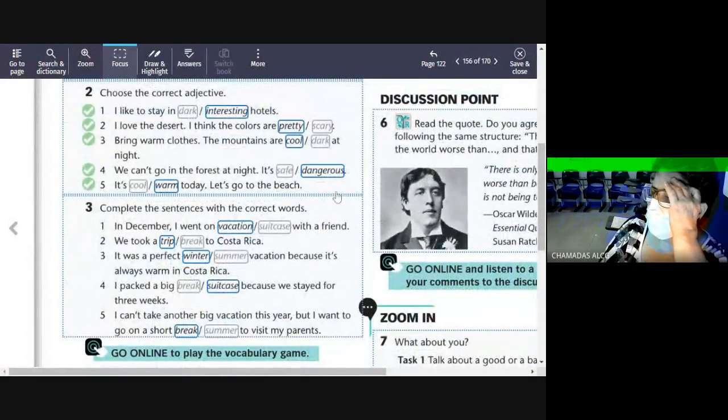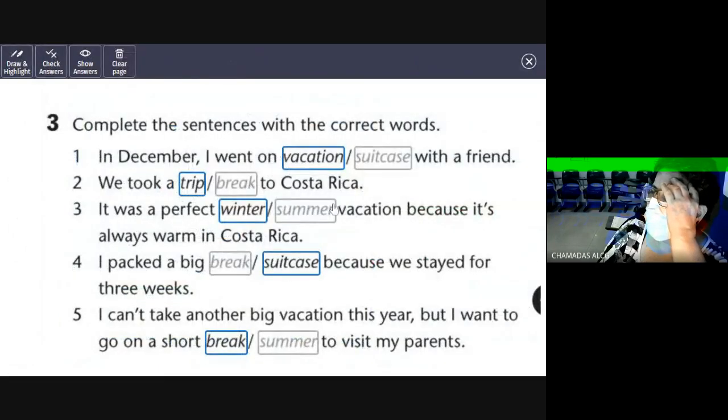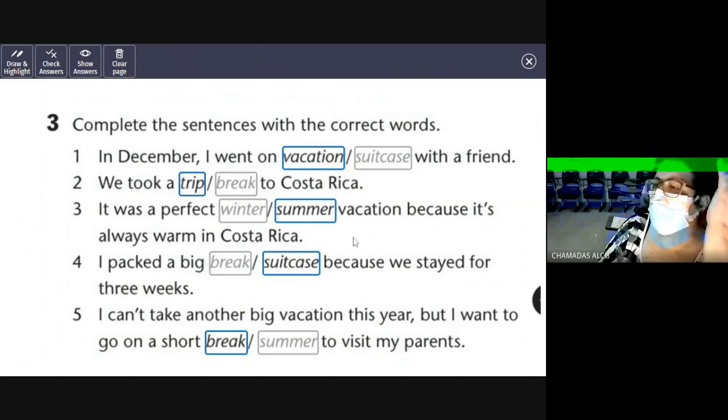No way, guys. Yeah, this is not perfect. The answer is winter vacation because it's always warm in Costa Rica. I really don't understand why winter. How can winter be perfect because it's always warm?